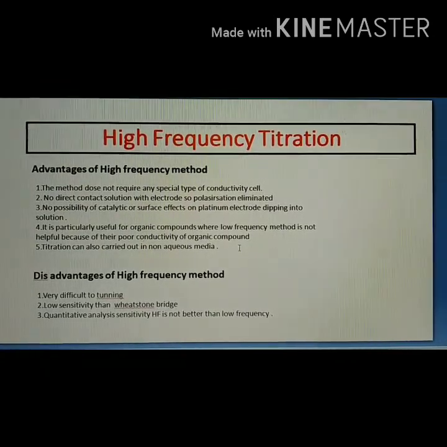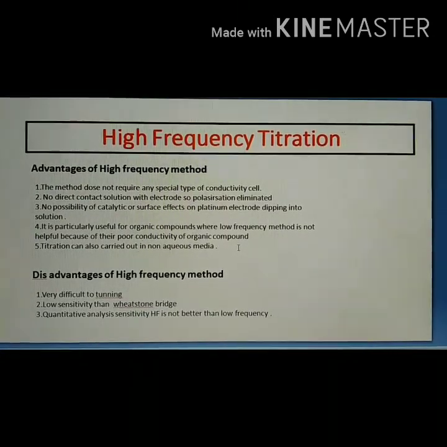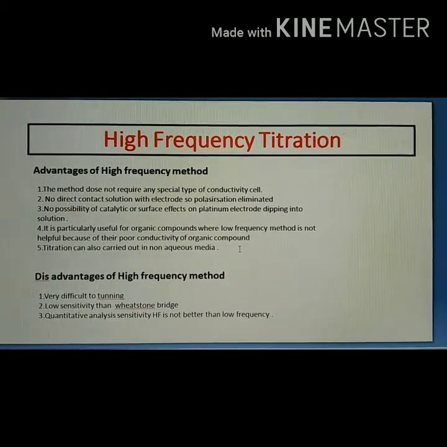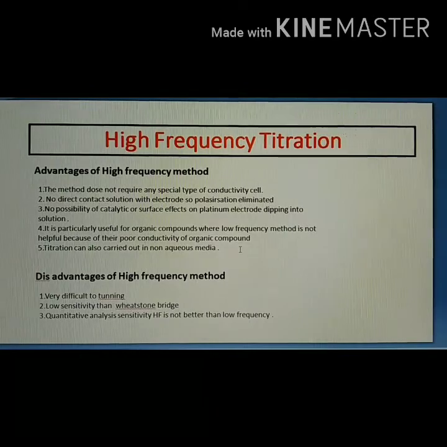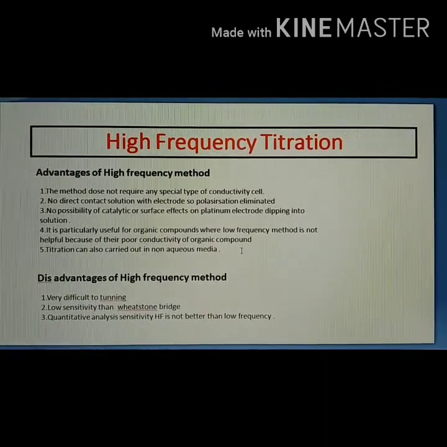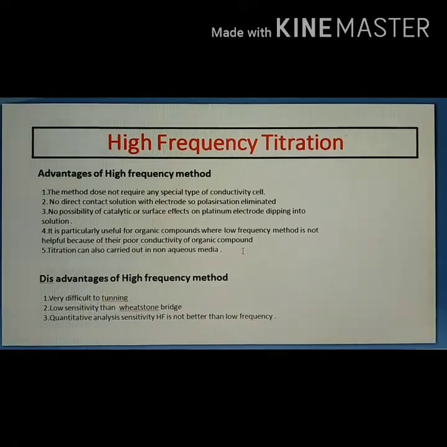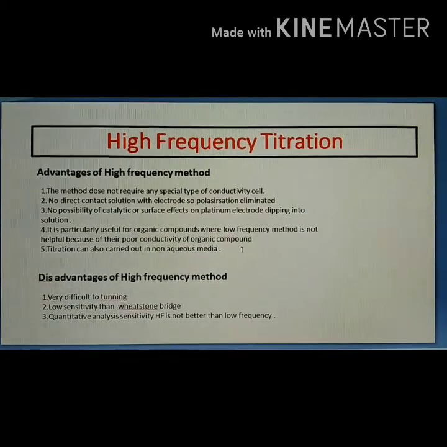Fourth, it is particularly useful for organic compounds where the low frequency method is not helpful because of their poor conductivity. Fifth, the titration can also be carried out in non-aqueous media. These are all the advantages of the high frequency method.